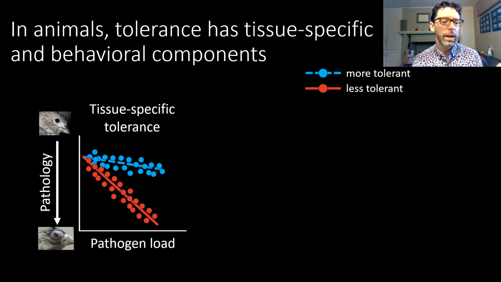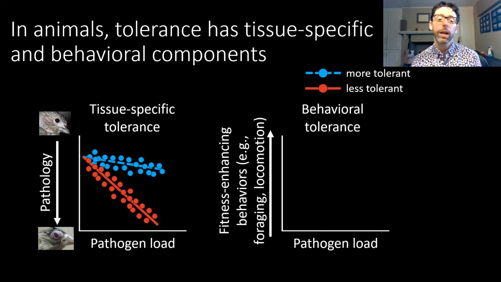Now, what we're thinking with tissue-specific tolerance is you have pathology as your proxy for fitness on the y-axis. So animals doing really well at the top, no tissue damage associated. Animals doing poorly, as this finch with severe conjunctivitis, at the bottom of that axis. And so you can use that as a measure of their likely fitness impact based on these tissue-specific mechanisms of minimizing pathology, right? So the blue animals, more tolerant, less pathology for a given pathogen load.